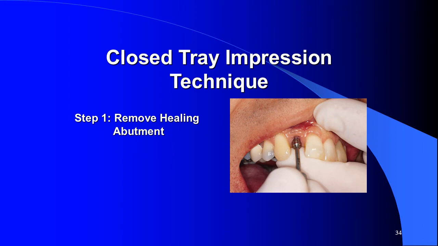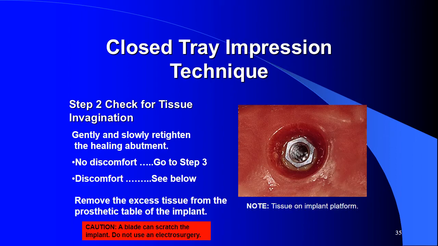After the surgeon opens by puncturing the area and puts a gingival former, or healing abutment, we call it. So we start by removing it after about 10 to 14 days, and we check for tissue invagination.